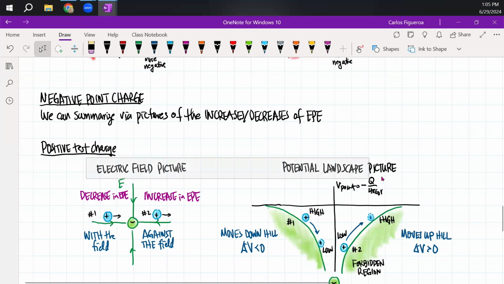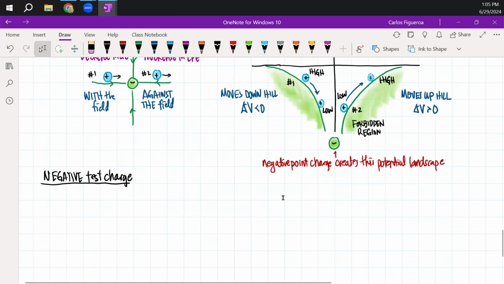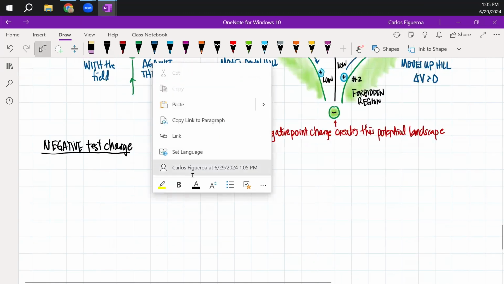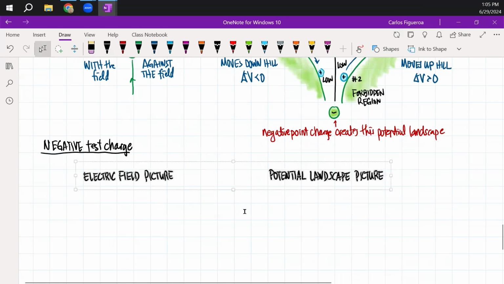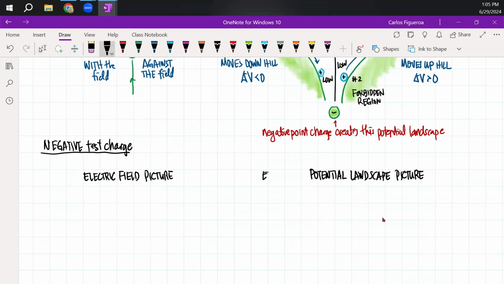I have 2 pictures. One is electric. The big difference in this case is that now I can't do the anti-skier type thing anymore. So I'm going to choose the effective potential picture.